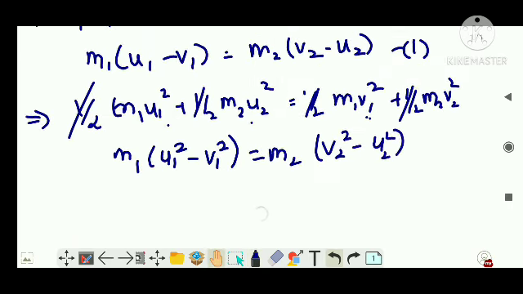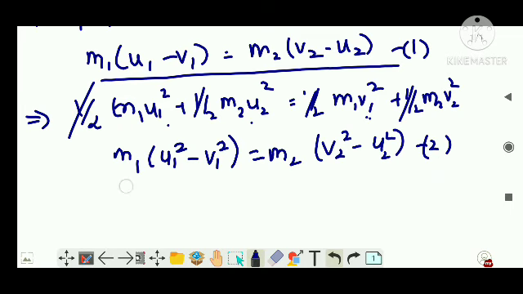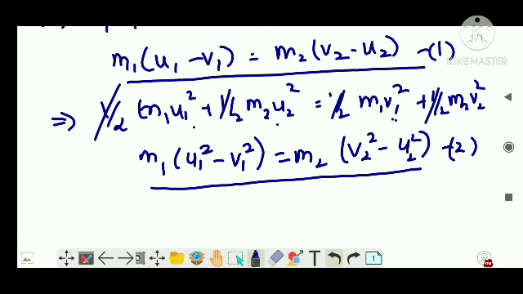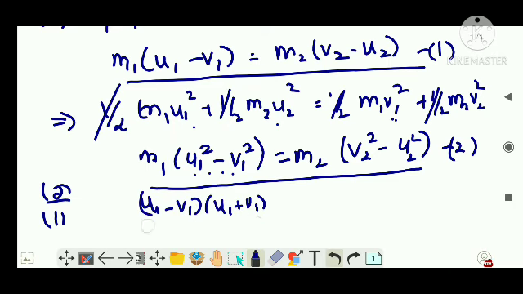So you have two equations now, this one and this one. Let us divide the second equation by the first. So this m1 term goes off, and u1 squared minus v1 squared is u1 minus v1 into u1 plus v1, and there is this denominator, u1 minus v1.